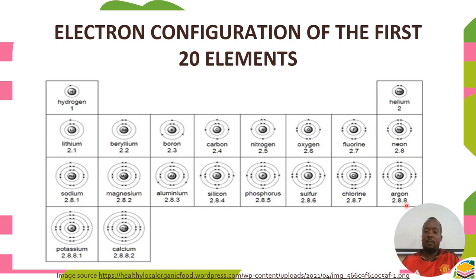So for instance, for argon, you will know that in the first shell you have 2 electrons. And in the last shell, you have 8 electrons. And this information is very, very helpful. Knowing the number of electrons, knowing the number of shells, knowing the electron configuration is very, very important.